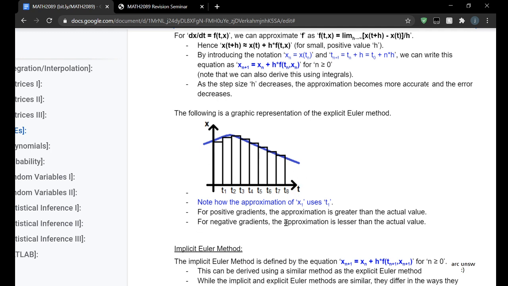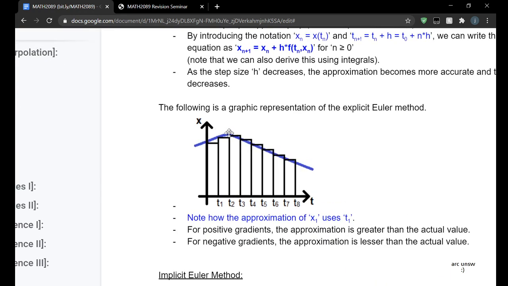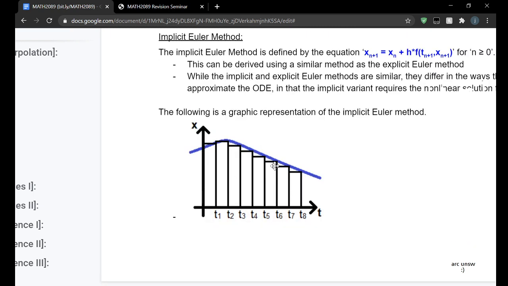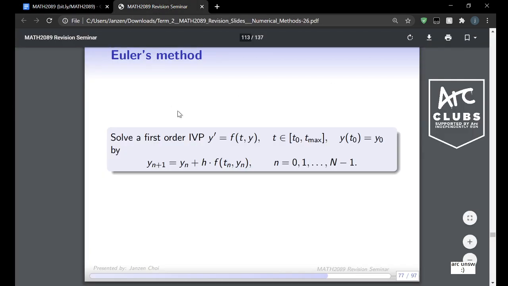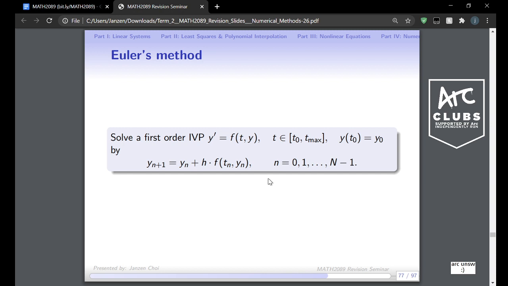But for negative gradients, the approximation will be less than the actual value, which you can kind of see here. The approximation is slightly greater, the approximation here is slightly less. And the converse is true for the implicit Euler method. The expression here represents the explicit Euler method, but if we want the expression for the implicit Euler method, we just need to change the n subscripts here to n plus 1. So there's not too much difference in the two methods.